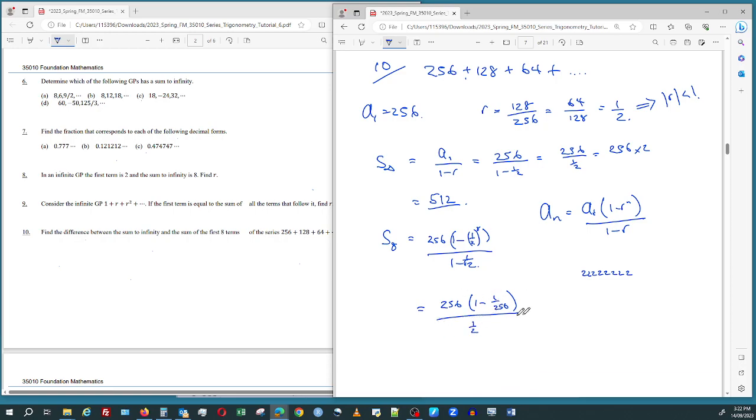So that's everything times by 2. So I'm going to multiply the 256 by 2, which will make it 512. And we've got to do 256 families. So 256 over 256 minus 1 over 256.